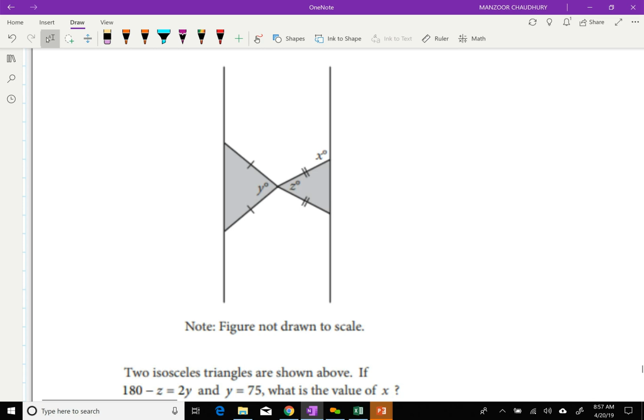And then that means that z equals 30. And then if z equals 30, that means that the other two have to equal 45, 45, right?